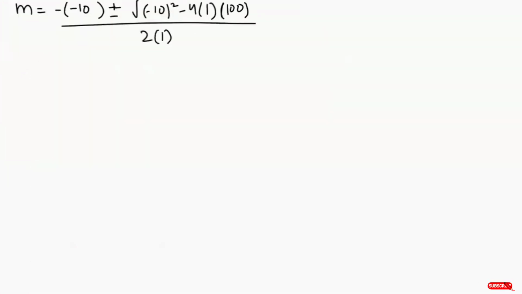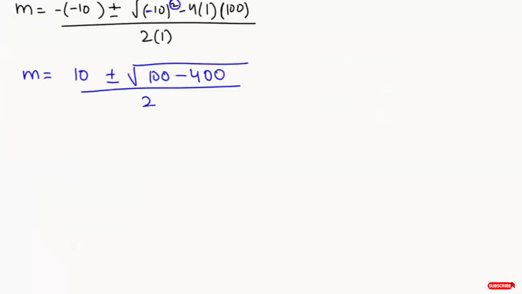Now this will turn to m equals positive 10 plus minus root of, as I square negative 10, it will turn to positive 100 because of the even power, so 100 minus 400, over 2. And this will be equal to 10 plus minus root of negative 300 over 2.